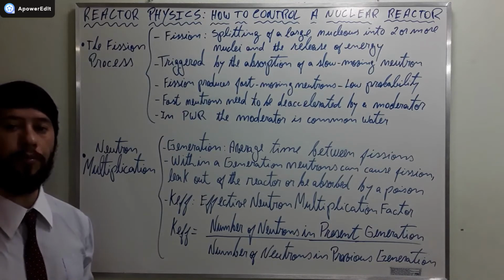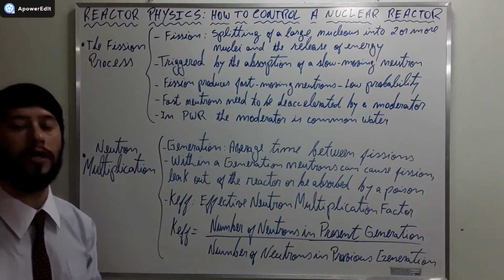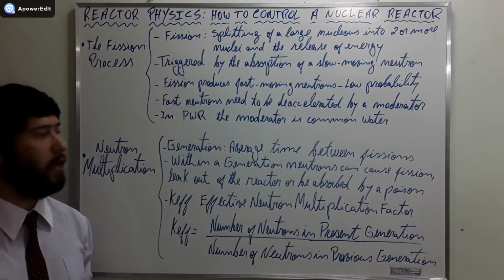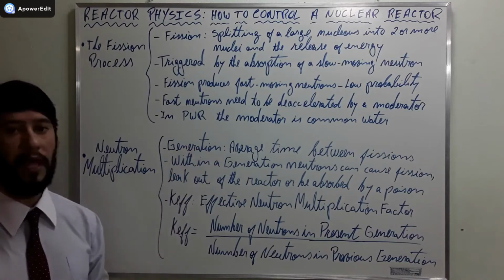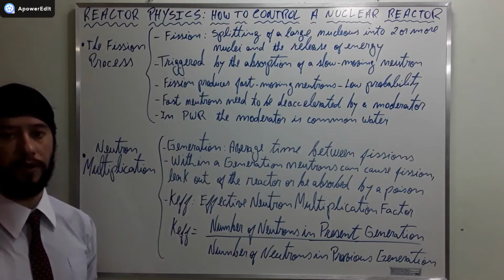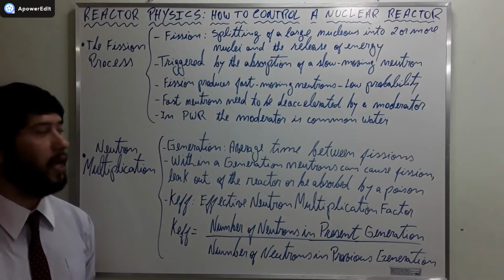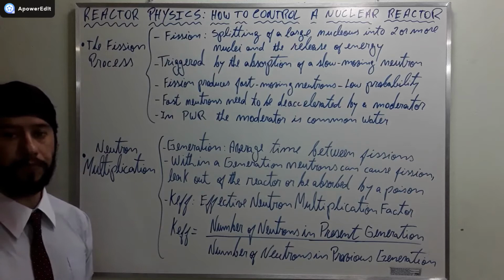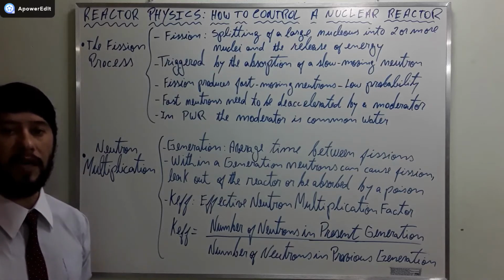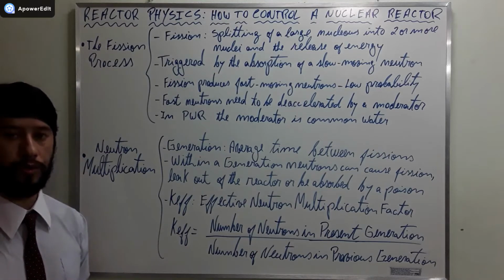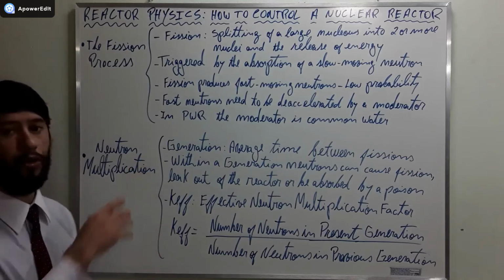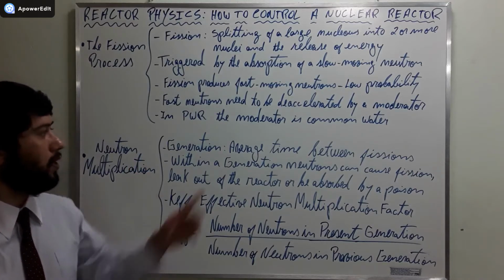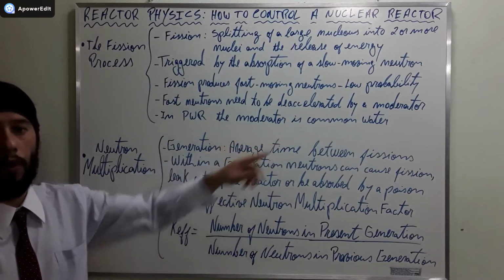To increase the probability of these fast-moving neutrons to cause fission again, they need to be decelerated. And this process is done by a moderator. Moderators decelerate neutrons. In pressurized water reactors, the moderator is common water.